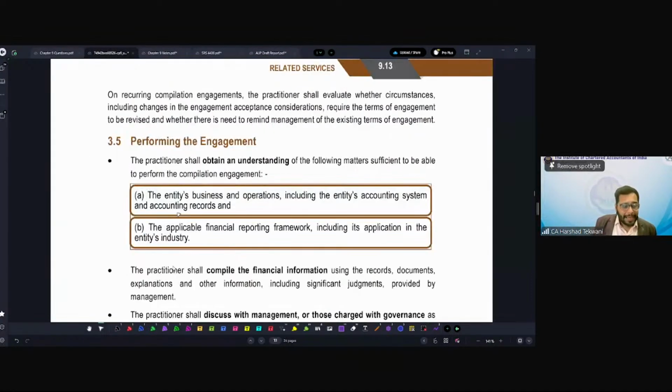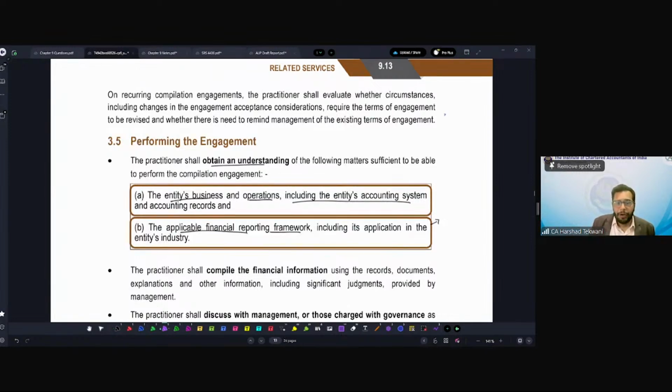So, understanding the entity's business operations, including the entity's accounting systems and the applicable financial reporting framework, basically how to prepare segment information.